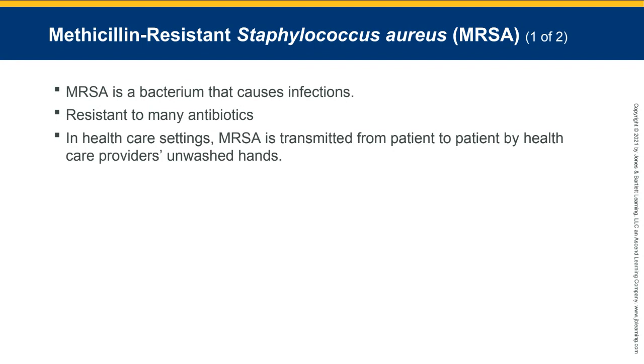Common in, we call those places again, old age homes. So the old age homes, yeah, definitely common. You'll find it in the hospital setting if they're not using sterile procedures.